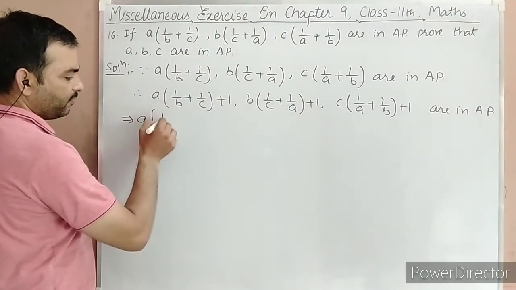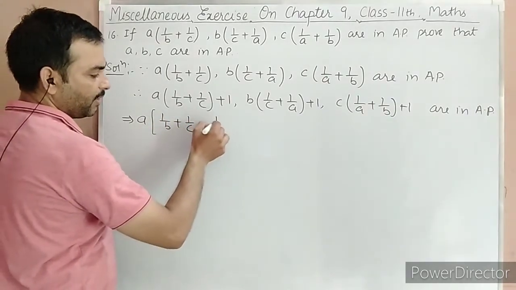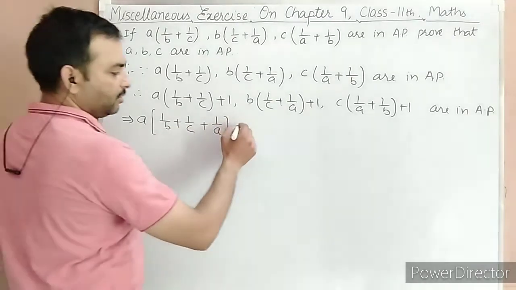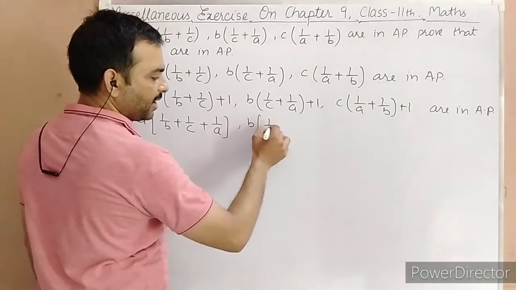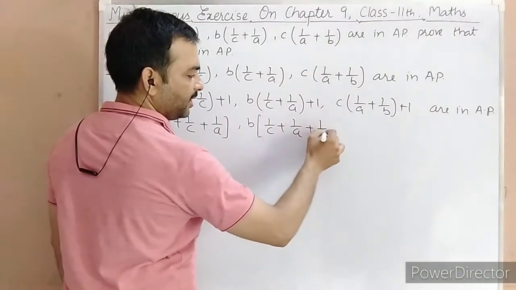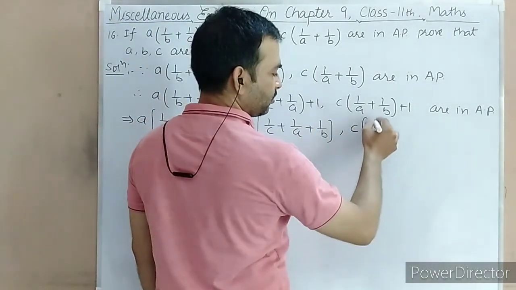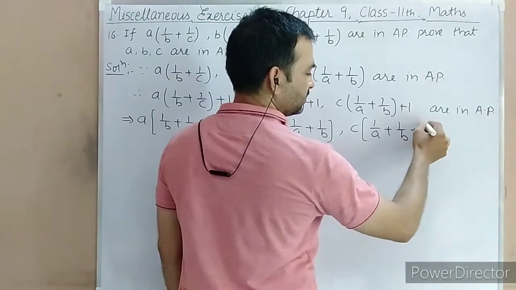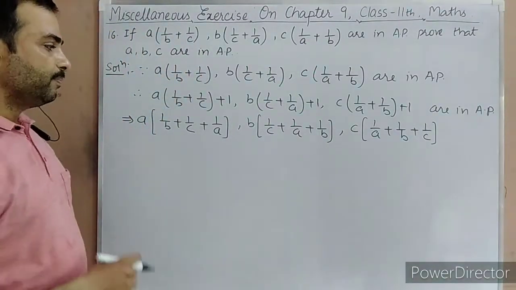I get a(1/a + 1/b + 1/c). Similarly, if I take b common, I get b(1/c + 1/a + 1/b), and I can take c common, so I get c(1/a + 1/b + 1/c).